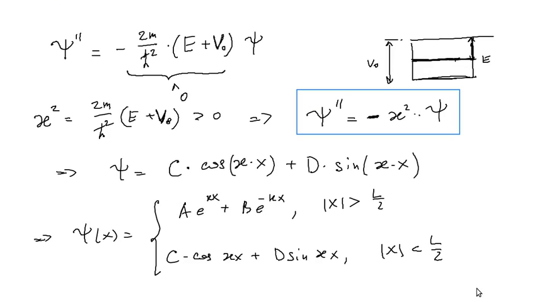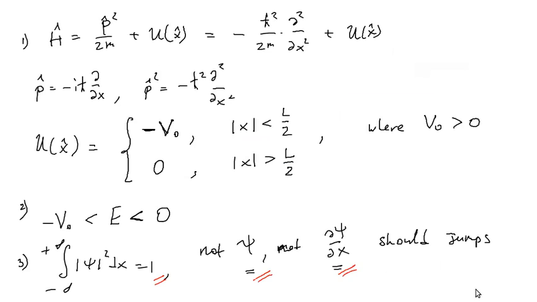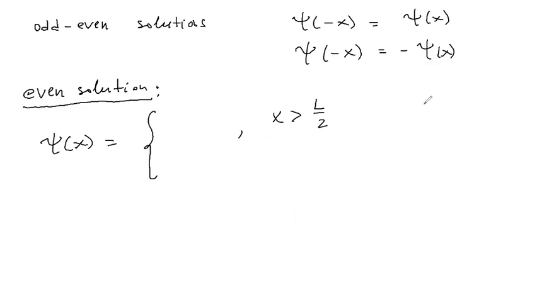Can I keep both of them? I'm thinking that I should be able to integrate my wave function. If my wave function goes to infinity, there is no way to integrate it. It's not normalizable. Such a wave function is called unphysical. It doesn't represent a bound state.